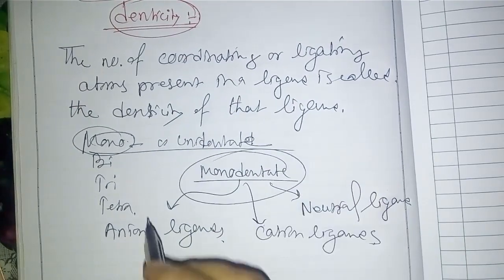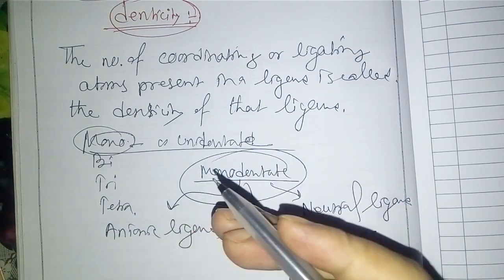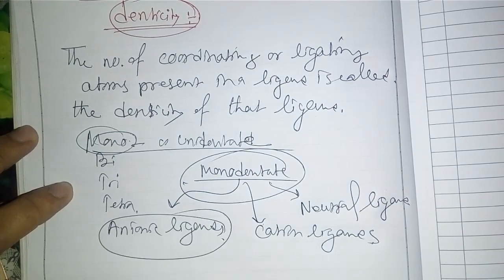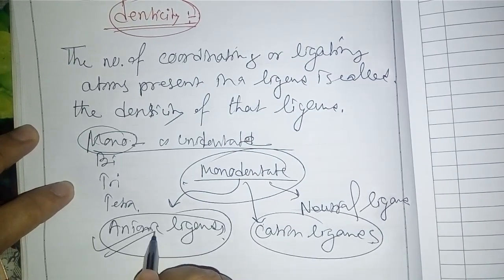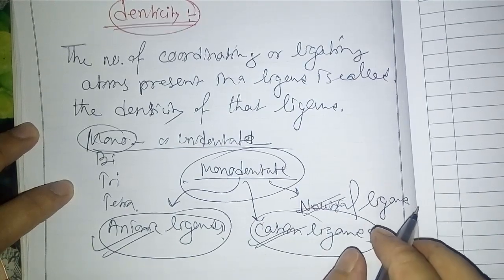So the nature of ligands of monodentate is three. First is anionic ligands, second is cationic ligands, third is neutral ligands.